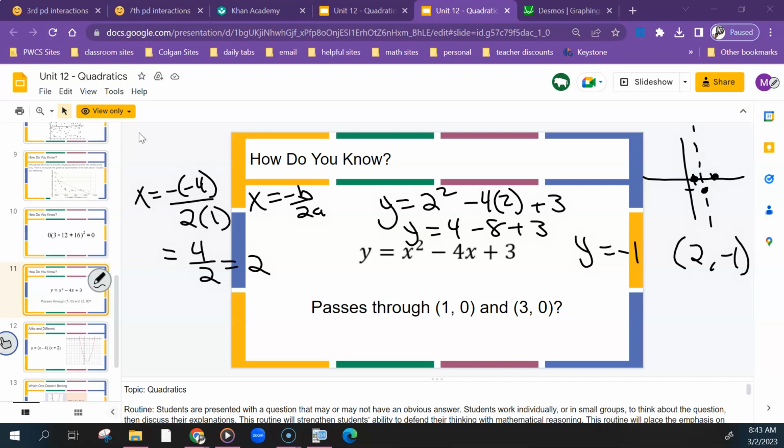And you know it faces up. Anyone do that method? You may have not thought of this, but you do have x and y values. You could have put these in to see, do they equal each other?